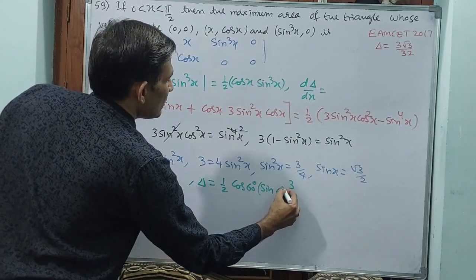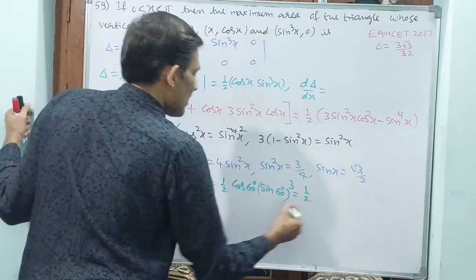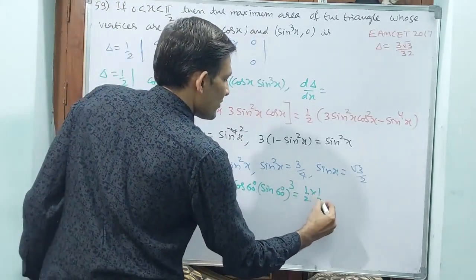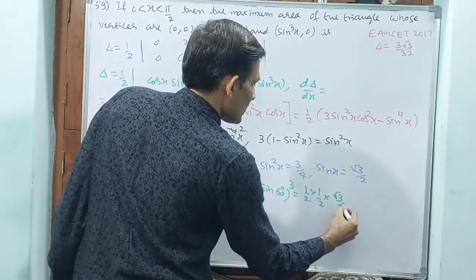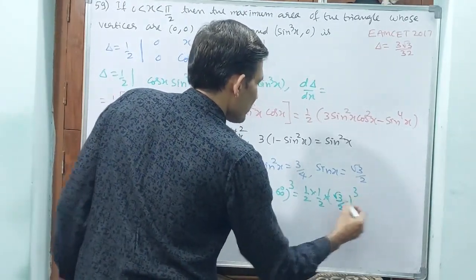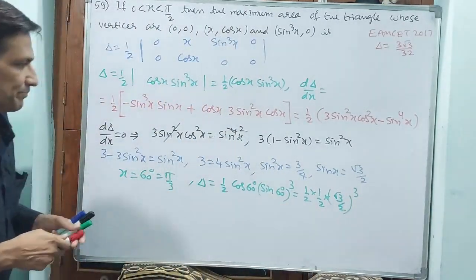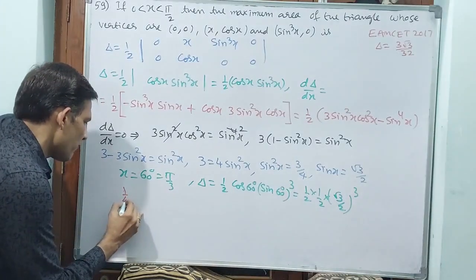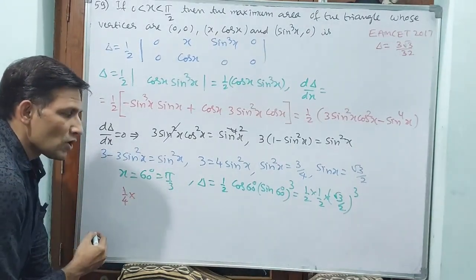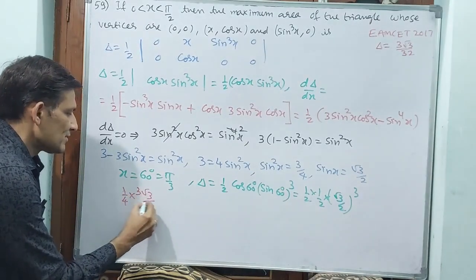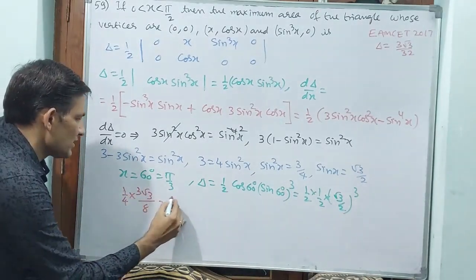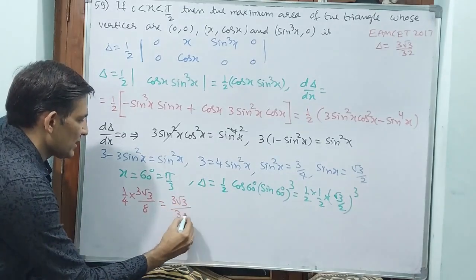That is equal to half, cos 60 degree means 1 by 2, into sin 60 root 3 by 2 cube. So 1 by 4 into root 3 into root 3, 3 into root 3, 3 root 3. 2 cube is 8. That means 3 root 3 by 32.